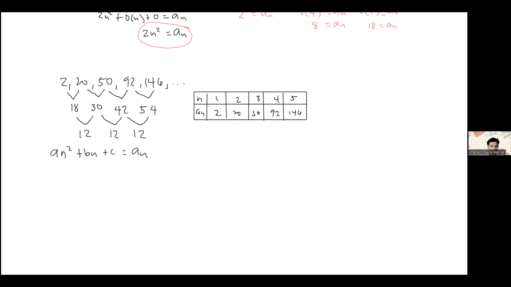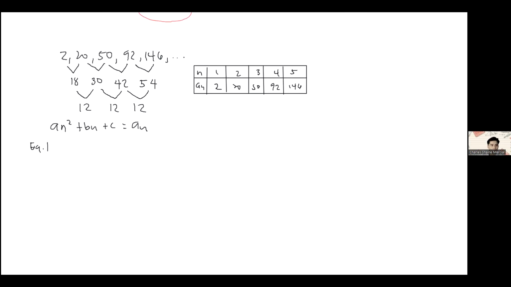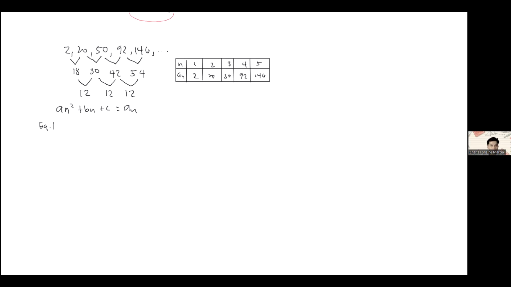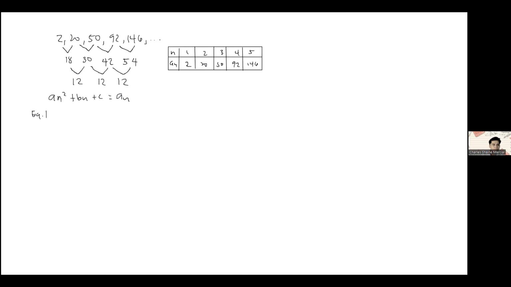Hanapin muna natin. Gamitin natin yung formula na ito and substitute natin yung value ng n dito. So first term muna tayo. Equation 1. Alright, so we have A times 1 squared plus B times 1 plus C is equal to, ano yung A sub n? We have 2.